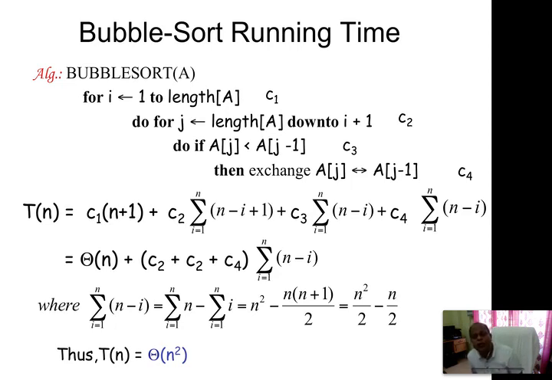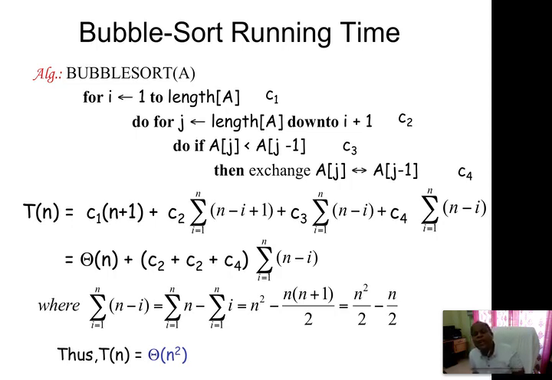For j equal to length of A down to I plus 1, this statement will take C2 amount of time. Next statement, if A[j] is less than A[j minus 1], this will take C3 time. Like this, the exchange will take C4 time.